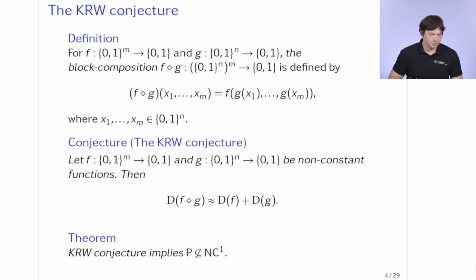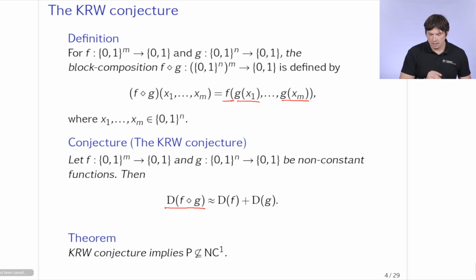All right, so one approach to do that, proposed about 30 years ago, is the KRW conjecture. That says that if you take two functions and you compose them, meaning that you take your inputs and dissect them into blocks, and then you apply G to every block, and then you apply F to the result, then you will get this new composed function, and the KRW conjecture claims that the depth of this composed function is roughly equal to the sum of the depths of the functions.